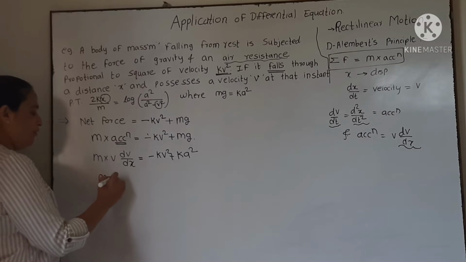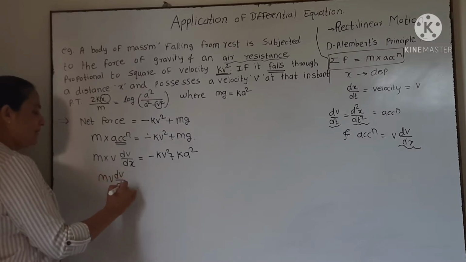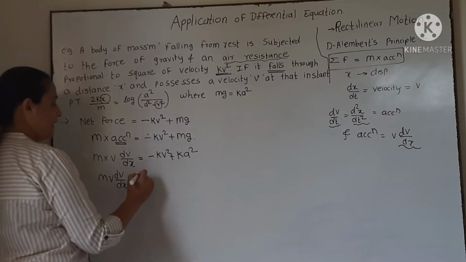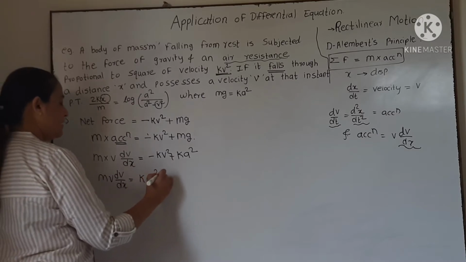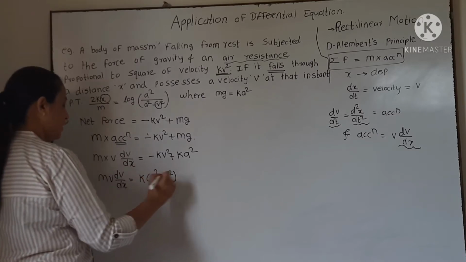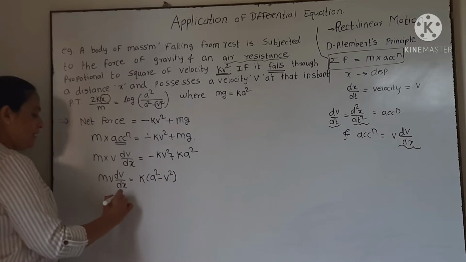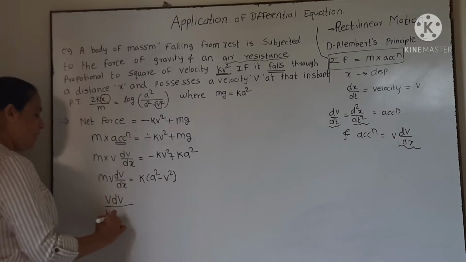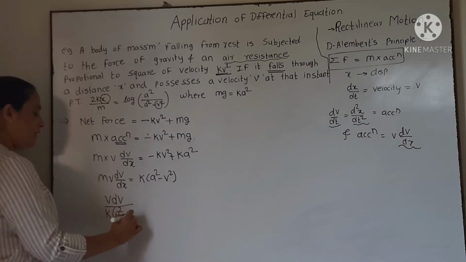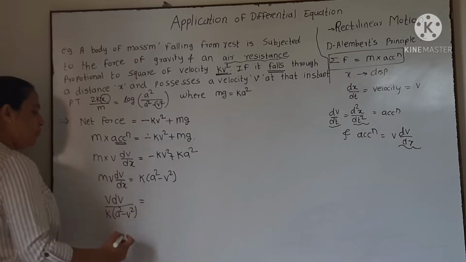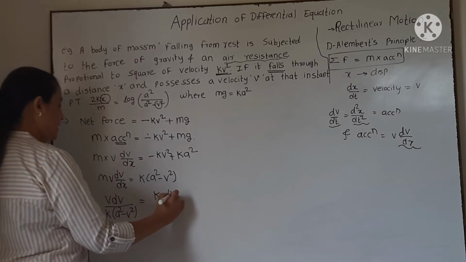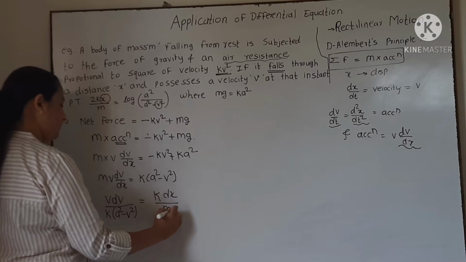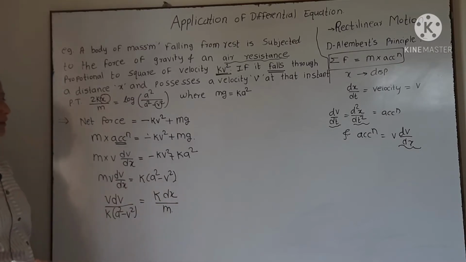This m into v dv by dx equal to, we can take k common, inside the bracket it is a square minus v square. So this can be written as v into dv upon k in bracket a square minus v square equal to k dx upon m. This is in variable separable form.